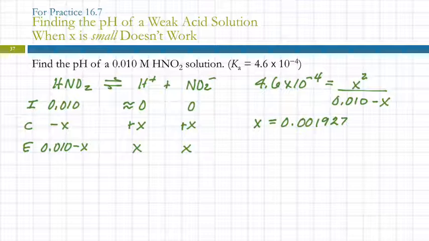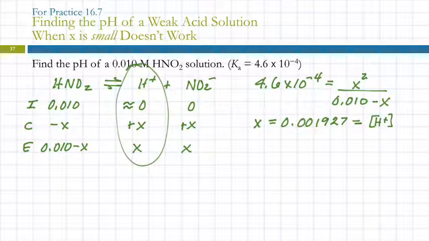If I divide that by 0.01, I get 19%. So X is small doesn't work with this one. So that X there equals our hydrogen ion concentration. That's what this column is telling us.